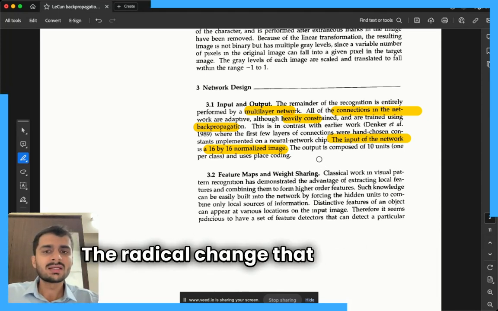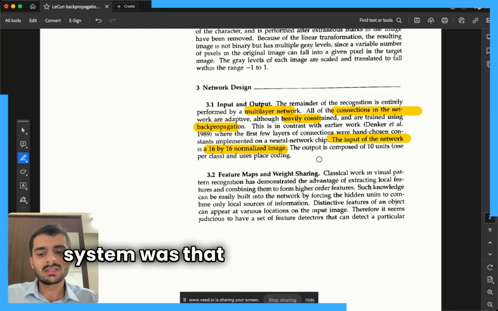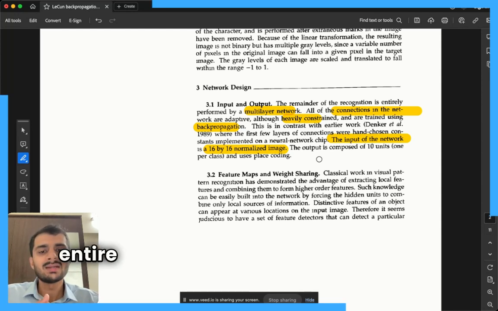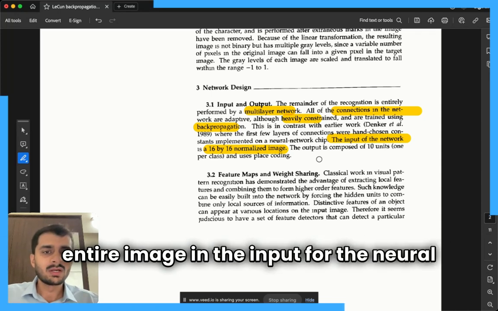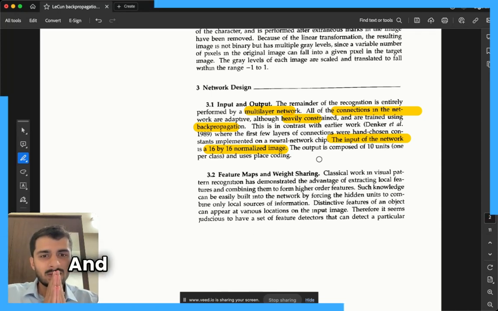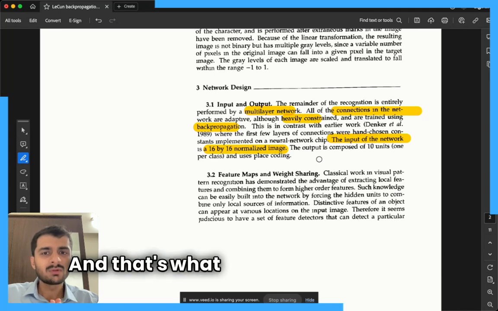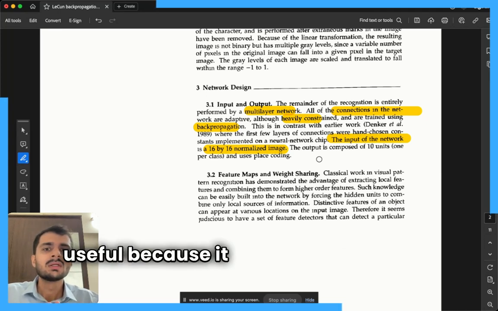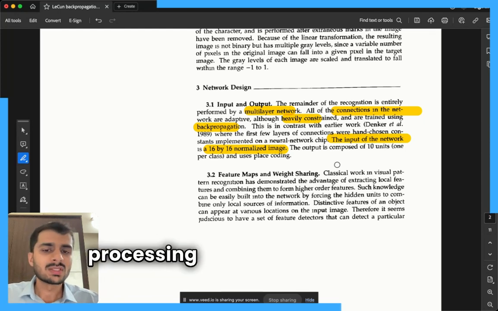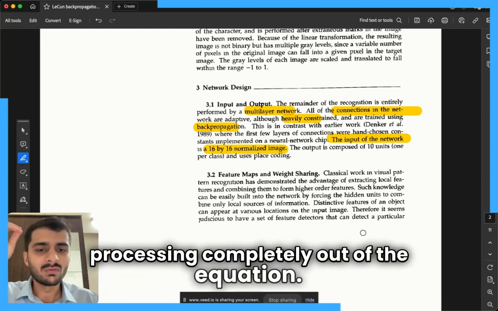The radical change that this paper brought into the system was that it allowed you to feed the entire image in the input for the neural network. And that's what makes this design so useful, because it removes the manual pre-processing completely out of the equation.